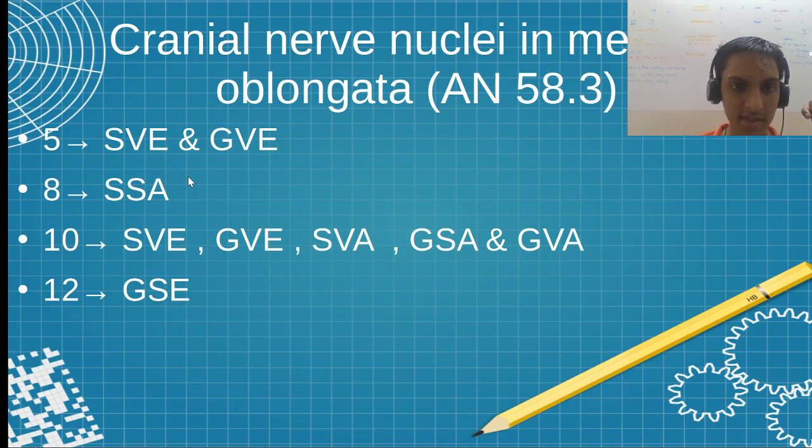Now 5 is having SVE and GVE. Okay. 8 is having SSA. If I remember the second nerve, 8 is very easy. It is very similar to the second nerve, that is special somatic afferent. By the way, here SVE and GVE, special and general visceral efferent.